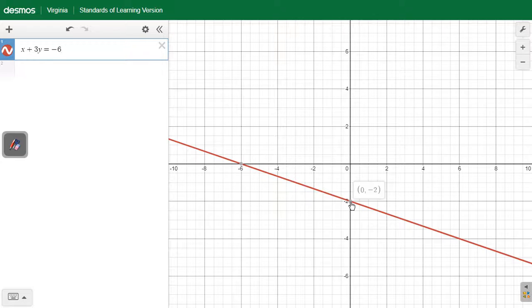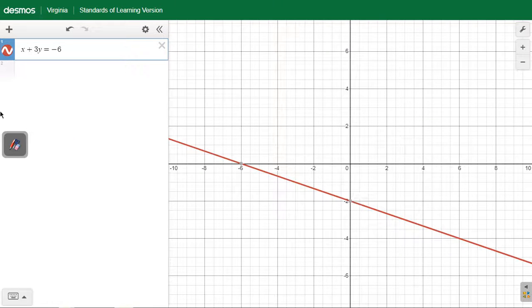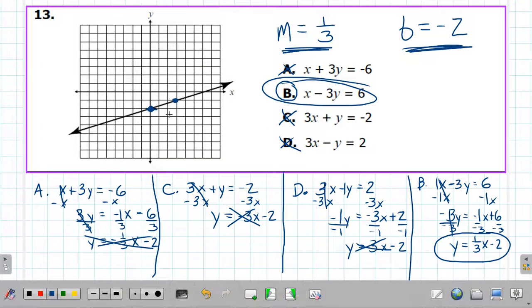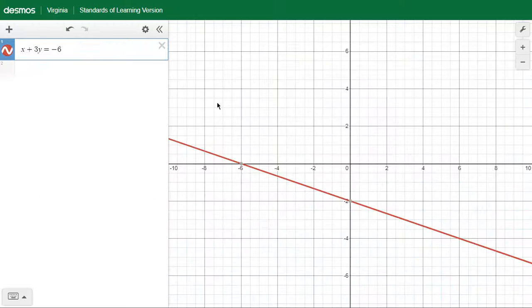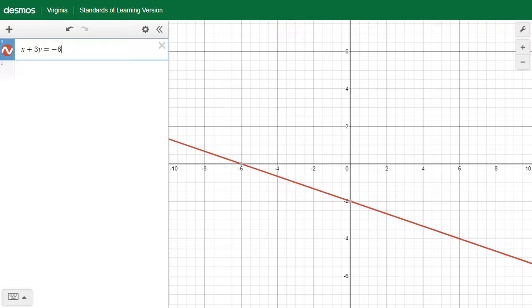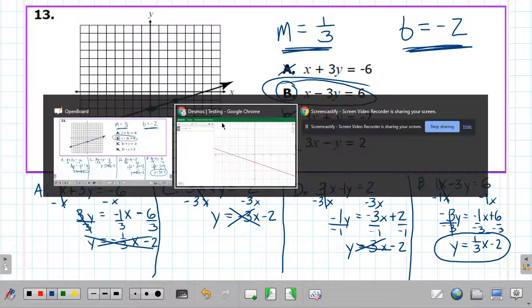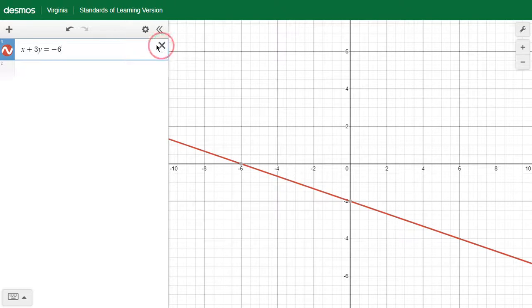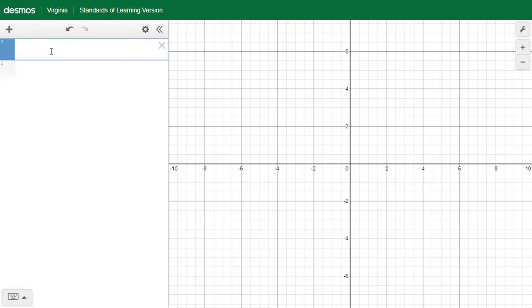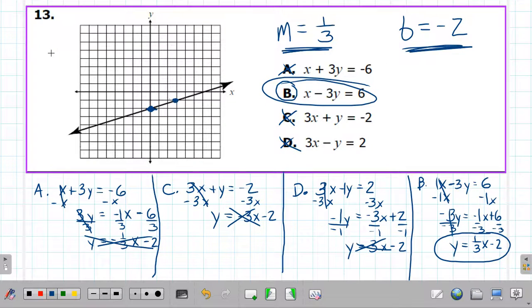So you look here, y-intercept to -2, y-intercept to -2. But if you look, the slope's off. Okay, slope here is actually -1/3, whereas the slope here is positive 1/3. So it's not A. Okay, but let's try B. X minus 3y equals 6.